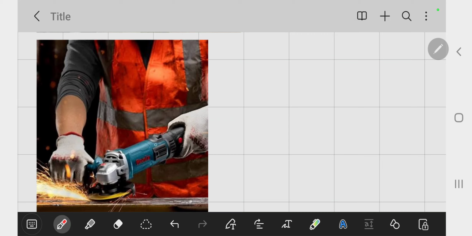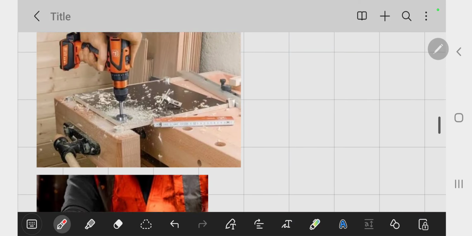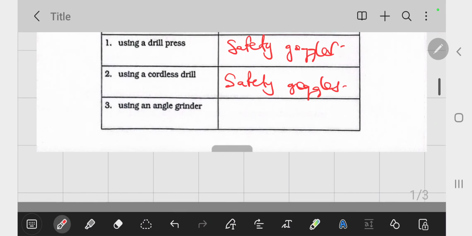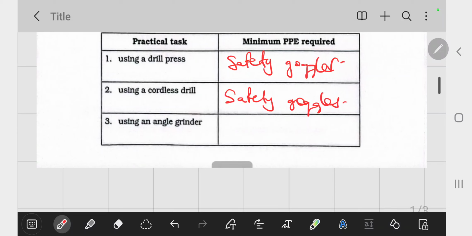So the minimum required PPE, because of the sparks being produced there, would be, first and foremost, safety glasses, to protect the eyes. And then number 2, you would need hearing protection, because you produce a lot of noise.